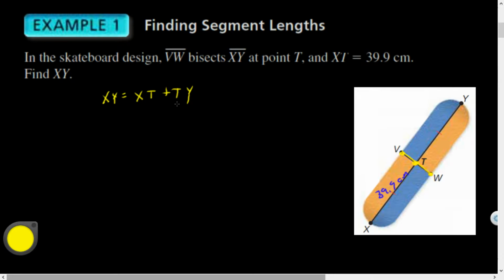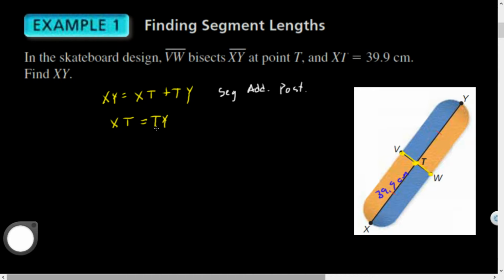Why do I know that? Segment addition postulate. I know that XT is going to equal TY. I'll even write some justification here: seg add postulate.